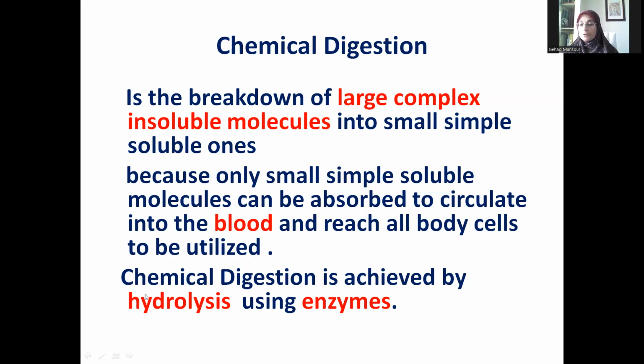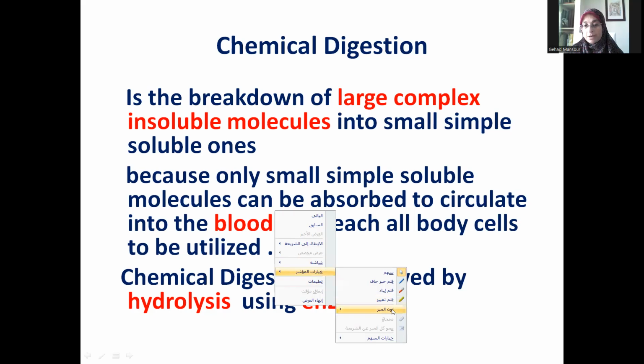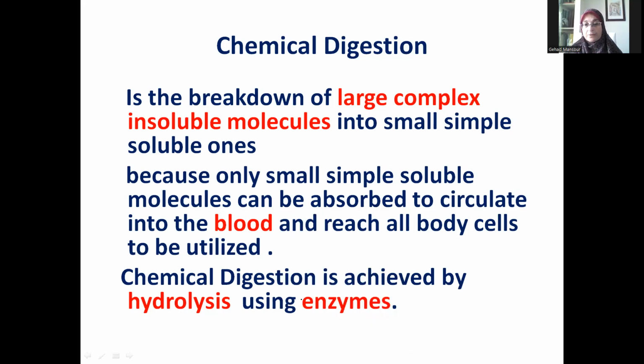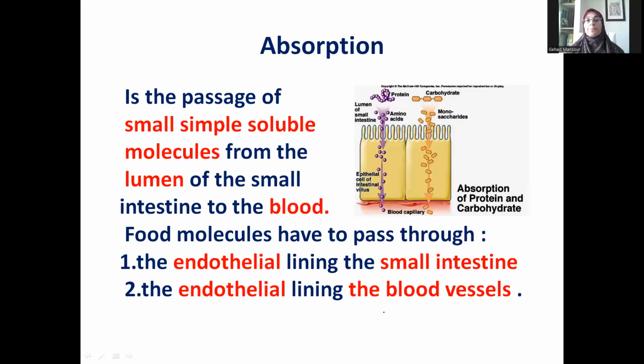Chemical digestion occurs, as you know, through the process of hydrolysis, which is the breakdown by the addition of water, and it requires very specific molecules that are called enzyme molecules. All this we have covered in the classroom in the previous class.